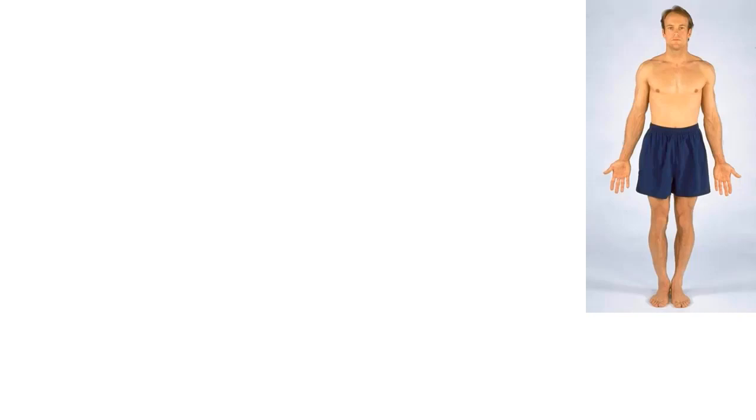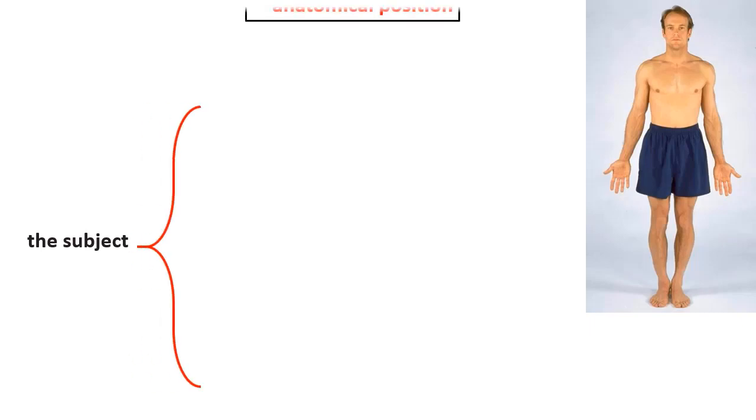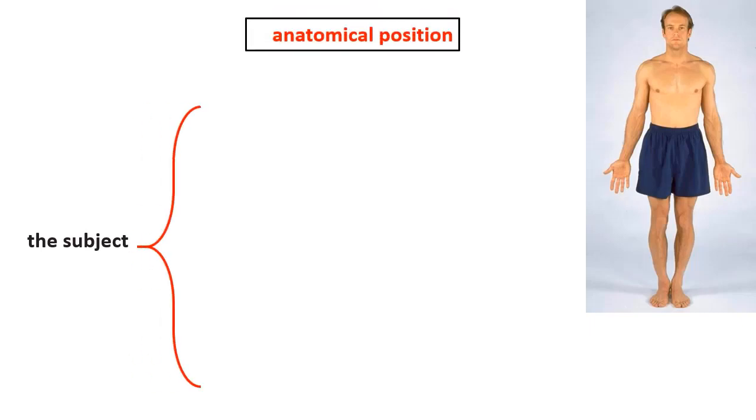As we have just finished our description of the standard anatomical position, now, according to the rule, we should write down our notes. Now, the subject here is in anatomical position, what is called the standard position of reference.